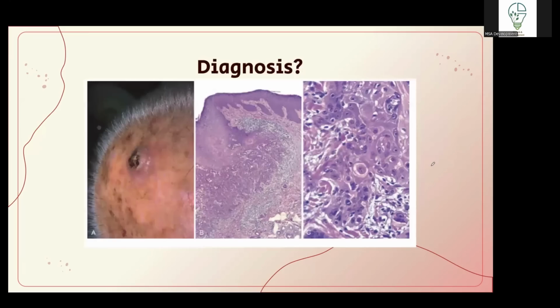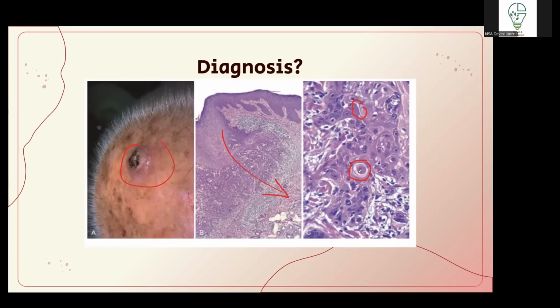Now, what if the patient developed this ulcer on the skin exposed area, such as the forehead, and you take a biopsy and you see invasion of the basement membrane, and then you see this and this. What is this? Squamous cell carcinoma. Now, what do we call this lesion?